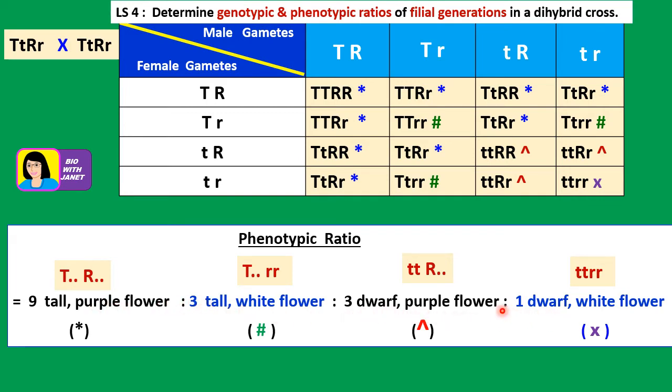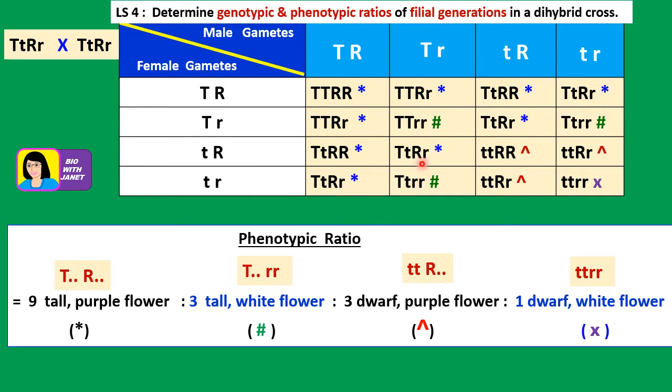So now we want to find out whether the ratio of these 4 types of phenotypes meets the 9331 ratio, whether it's the same as the 9331 ratio or not. All right. So let's try to find all the plants which are tall with purple flowers.